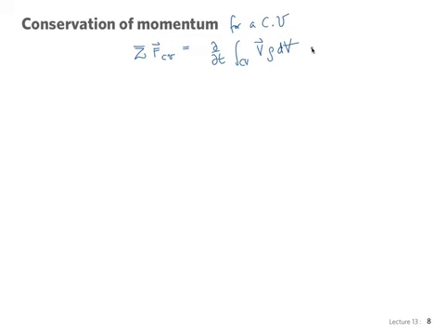Then we had the integral across the control surfaces, the flux terms, V rho, and this is V dot n, where n is the outward facing normal, times the differential of area.